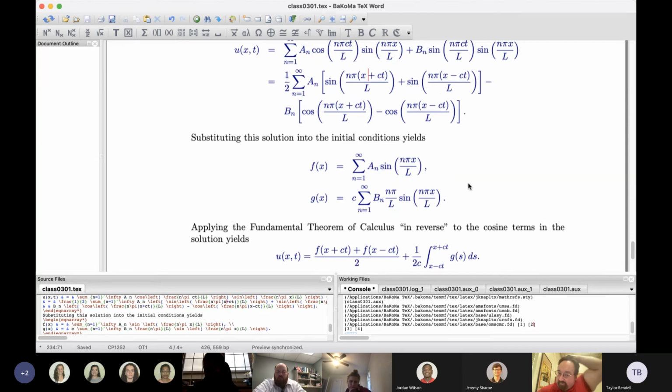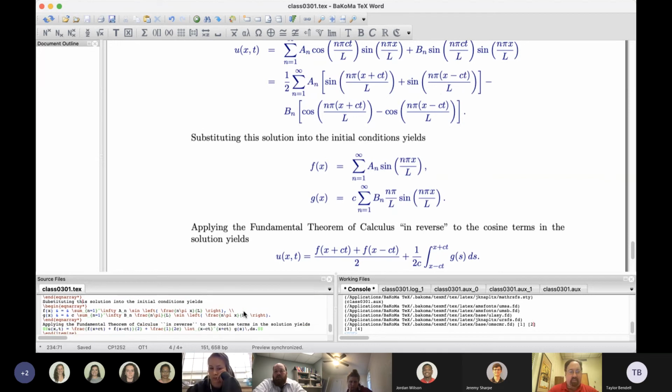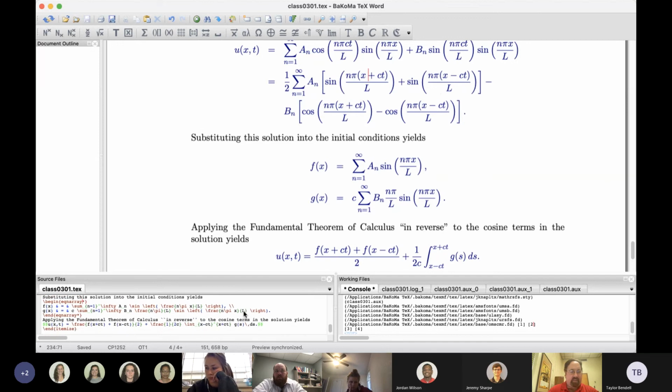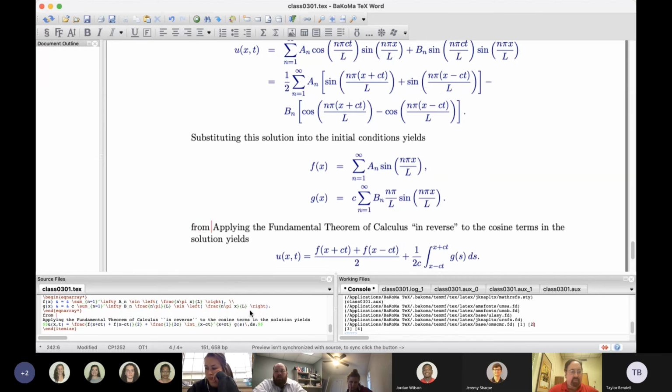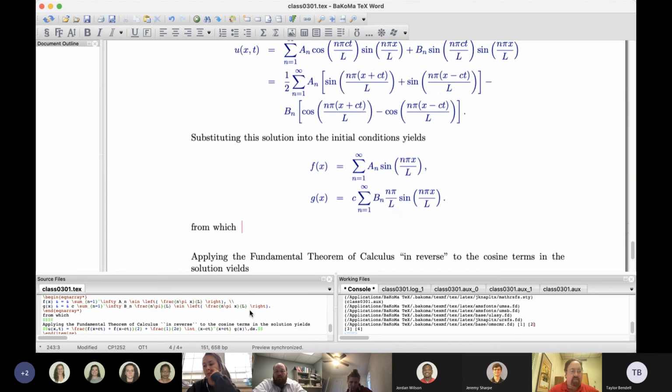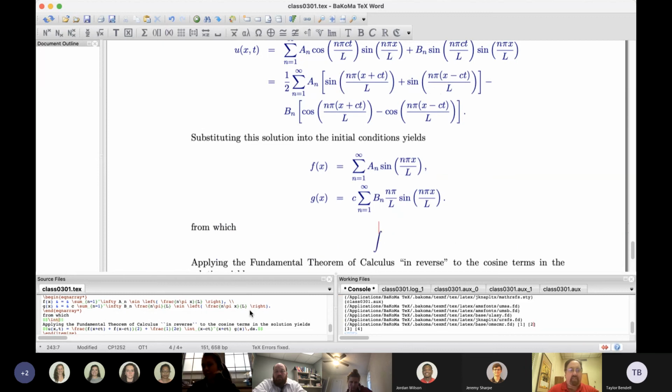Now here I have g. So if I take the integral of g, the integral of sine would be minus cosine.